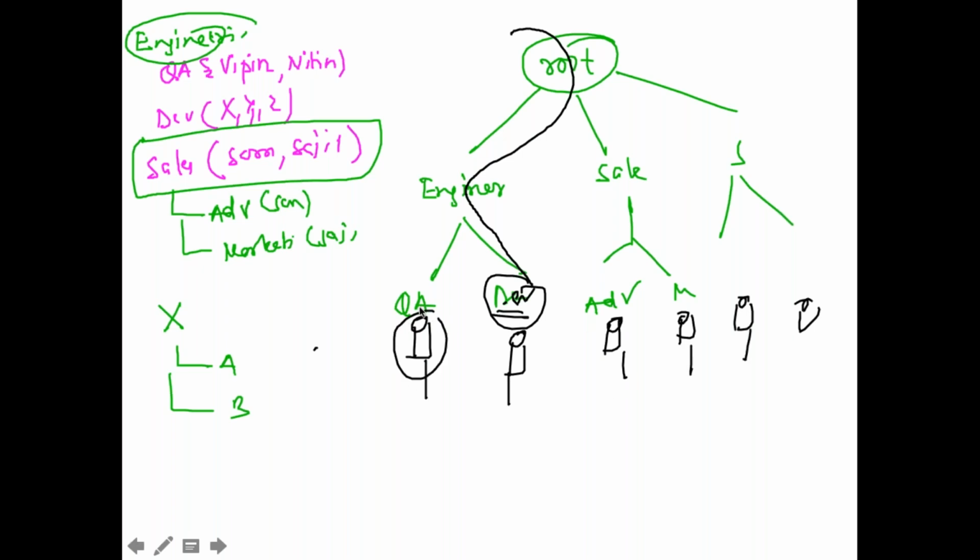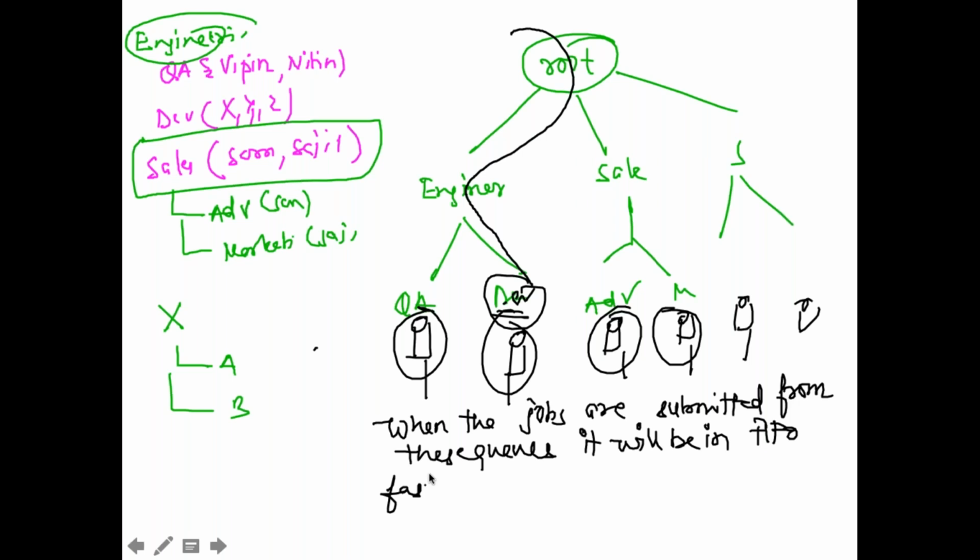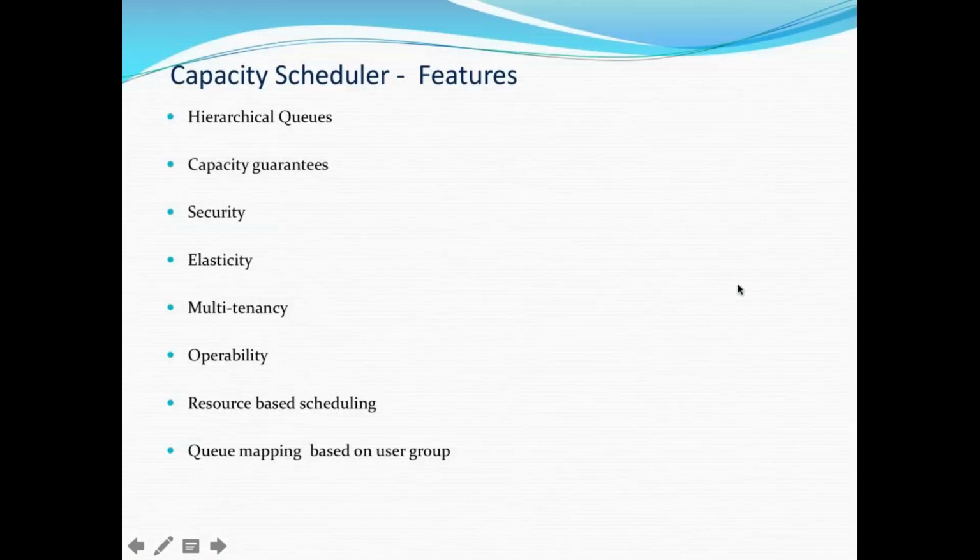When the jobs are submitted from each of these queues, it will be in a FIFO fashion. I'll explain later when it comes again.